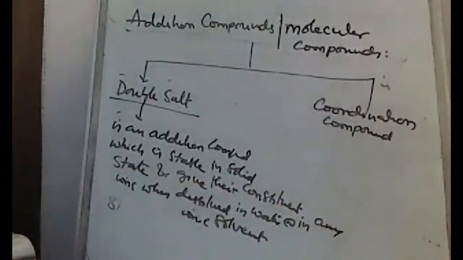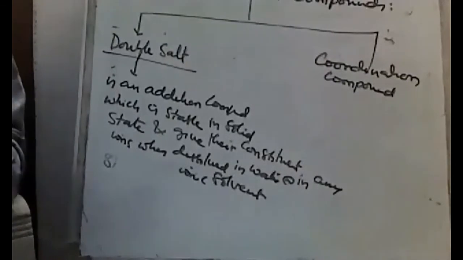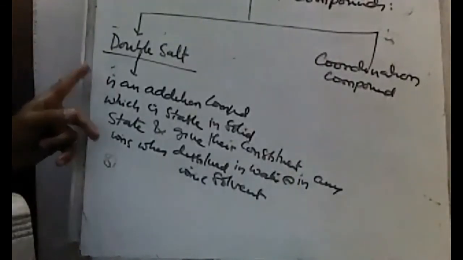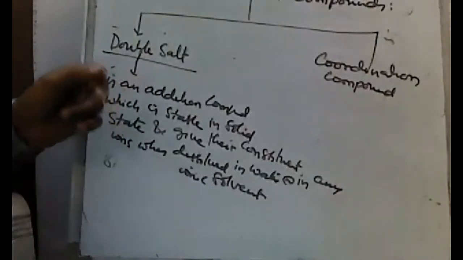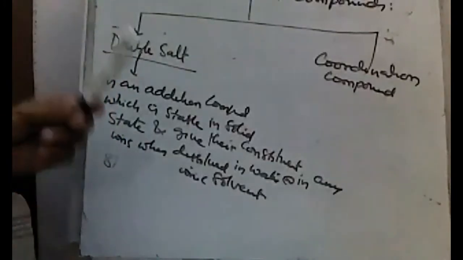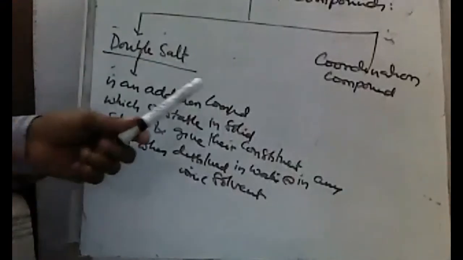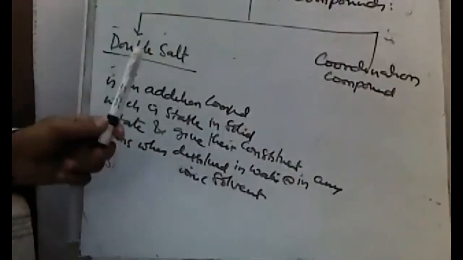Double salts are addition compounds which are stable in the solid state, but give their constituent ions when dissolved in water or in any other ionic solvent.